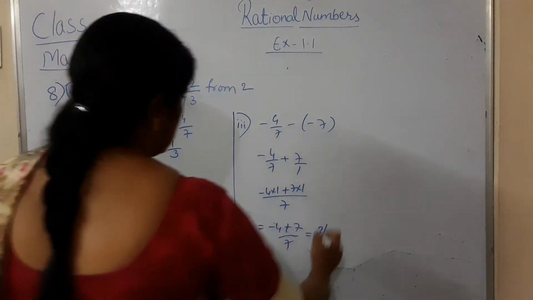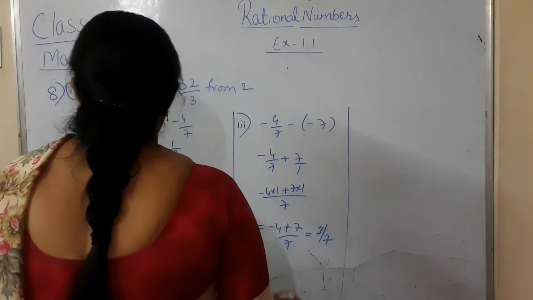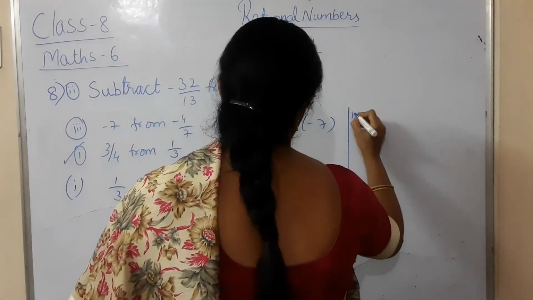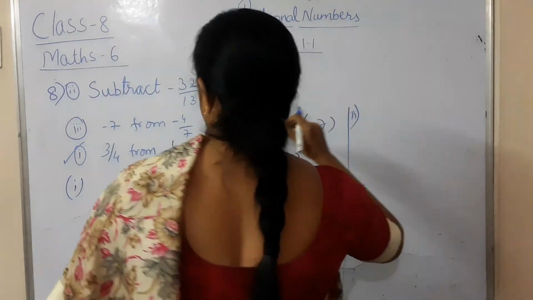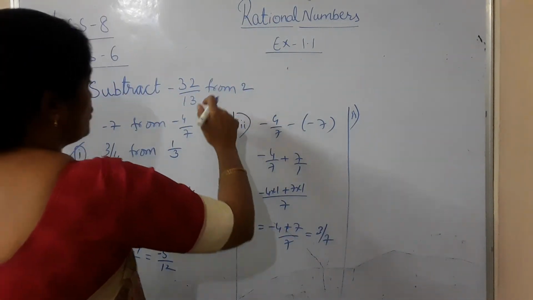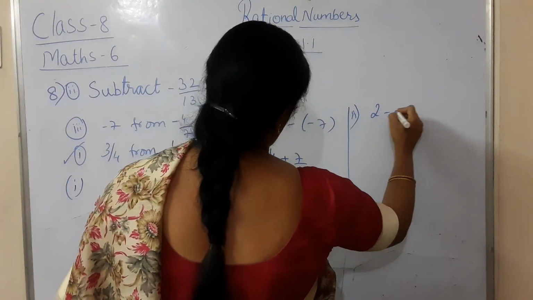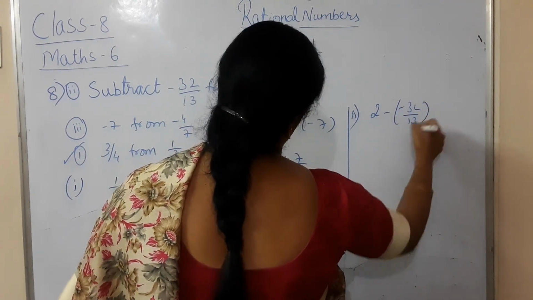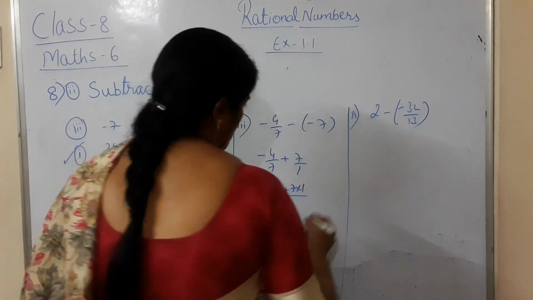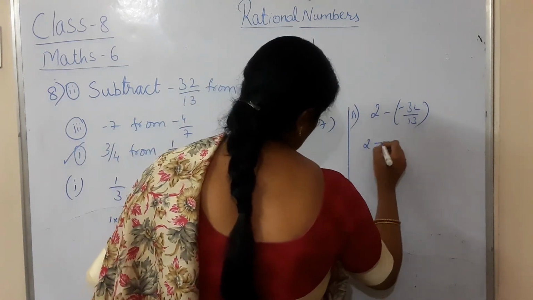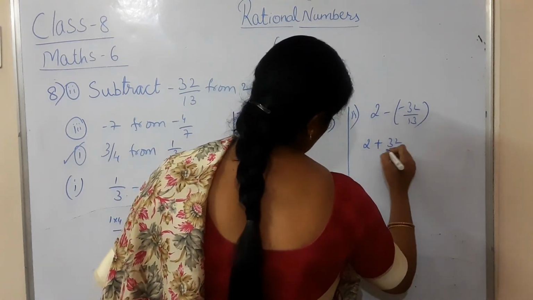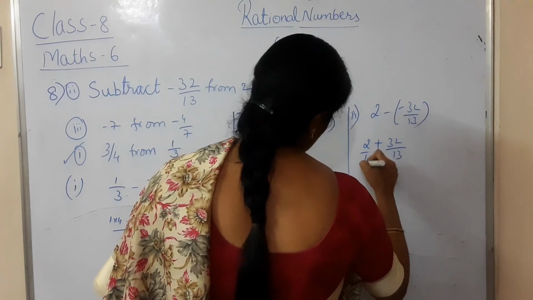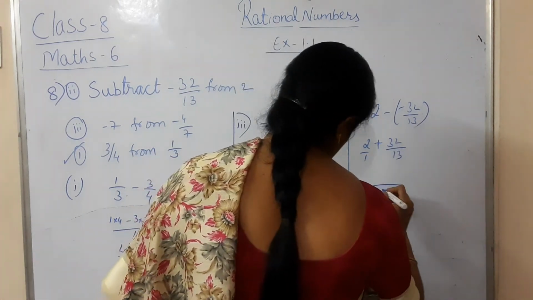Now the second one: subtract minus 32 by 13 from 2. So from 2 you have to subtract minus 32 by 13. Is it possible directly? No, because 2 doesn't have a denominator. So take the denominator as 1. 1 thirteen is 13.